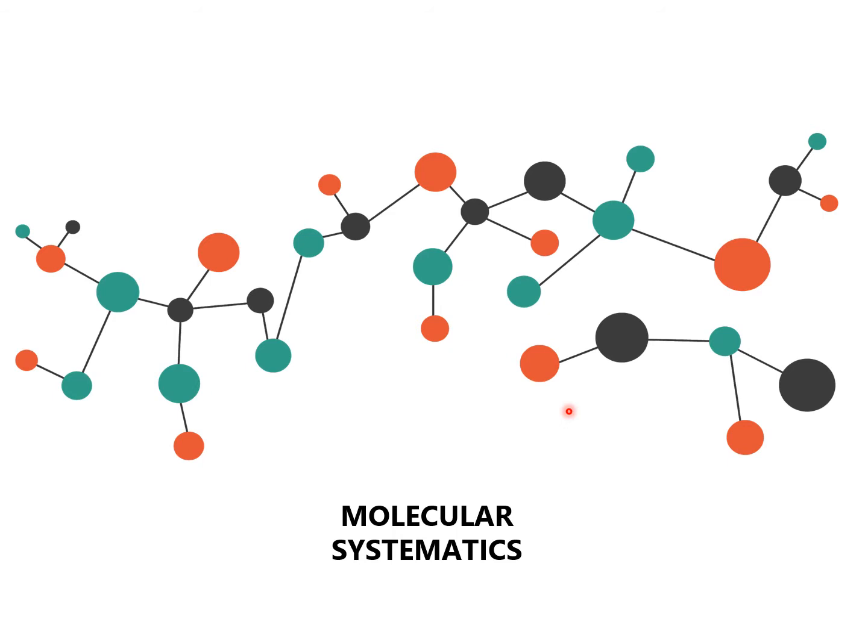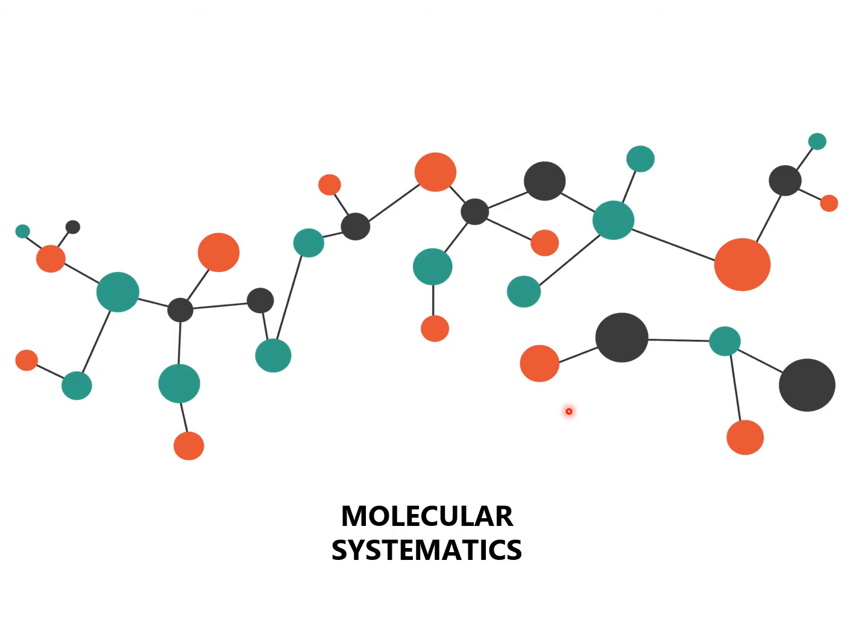When doing molecular systematics, researchers are using evidence of DNA, gene expressions, and whether certain genes are present or absent, or what form they're in, and molecular markers and things like that.